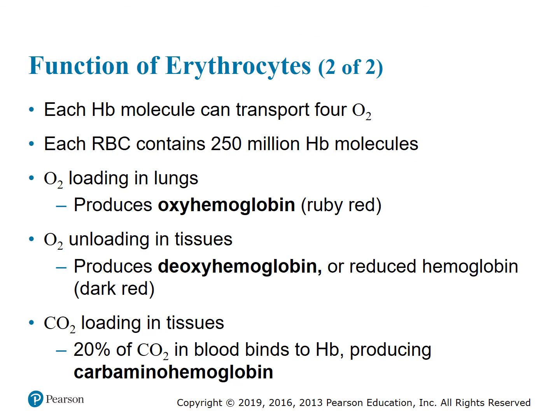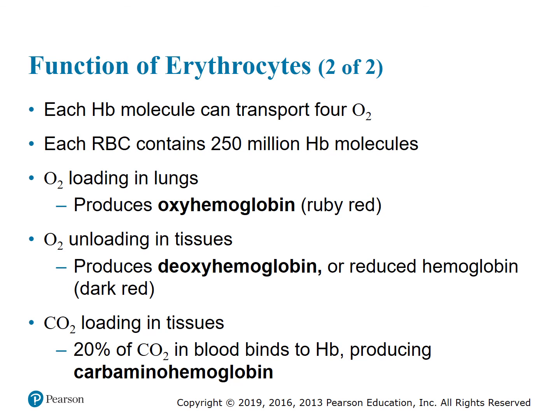So, function of erythrocytes, continued. Each hemoglobin molecule can transport 4 oxygens, and each red blood cell contains 250 million hemoglobin molecules. Oxygen loading in the lungs produces oxyhemoglobin. That's when the blood is ruby red because it's really rich in oxygen.